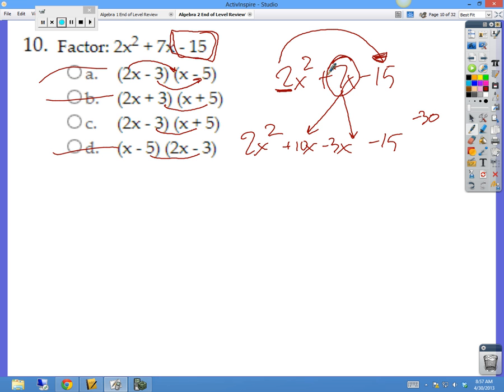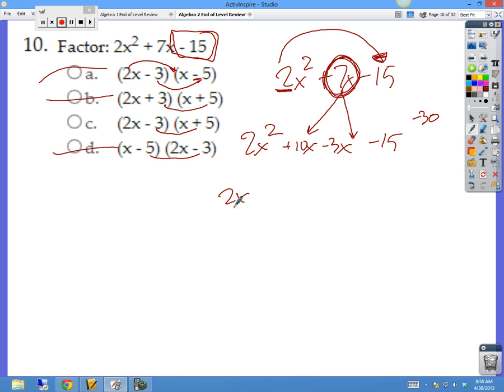So you can only trade a 7x for a 7x, and 10x minus 3x is 7x. But 10x times a minus 3, there's your minus 30. So they've got to multiply and give you the first times the last, but they got to add and give you the middle. And now you do grouping.